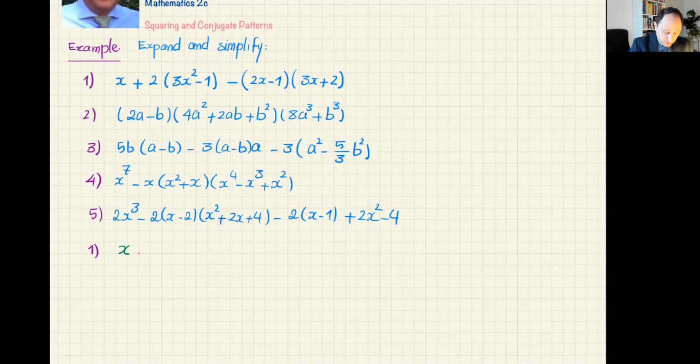So, of course, let me do it step by step. In principle, you can immediately remove the pair of brackets, but let me keep it for the time being. So what I am doing, I am actually calculating this bit. How? By multiplying 2 inside. So then this becomes 6x squared minus 2.